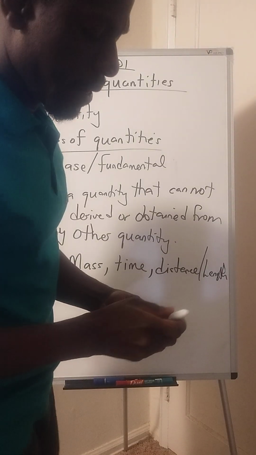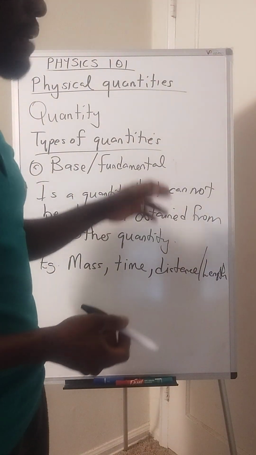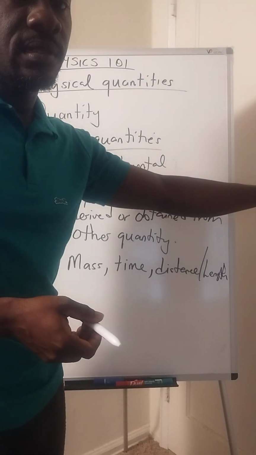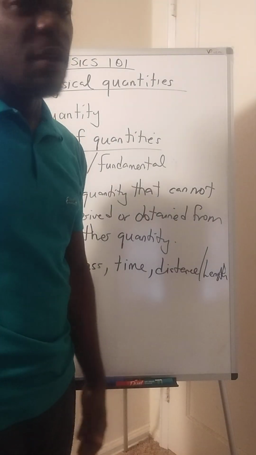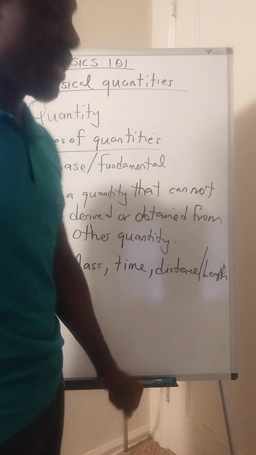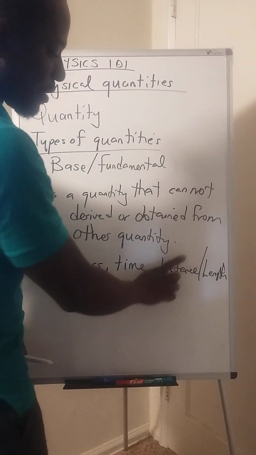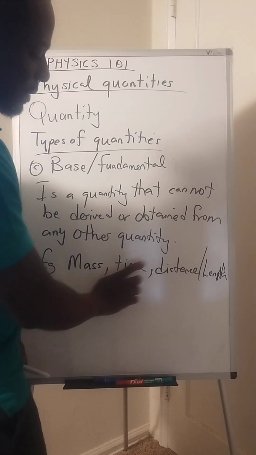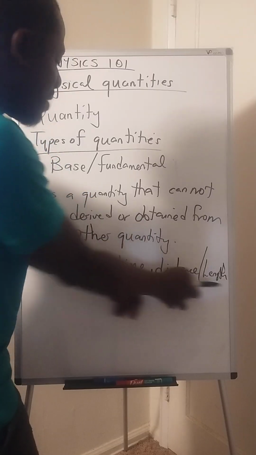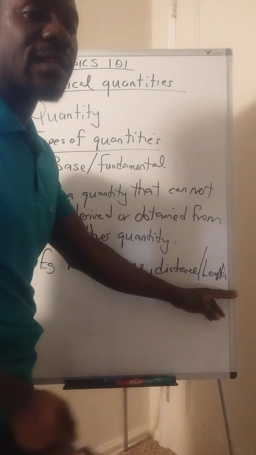But let me tell you something. Base and fundamental. Now, all base quantities are fundamental quantities, but not all fundamental quantities are base quantities. And let me explain. Looking at these 3 that we have here, so mass, time, and length or distance, they are base quantities, right? They are also fundamental quantities.